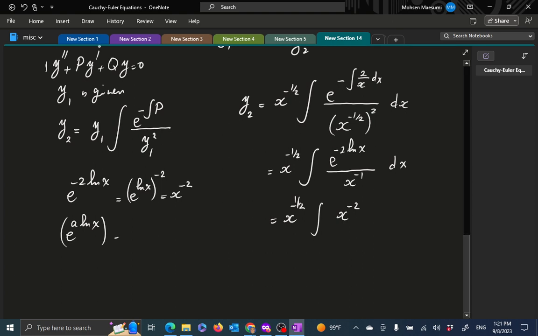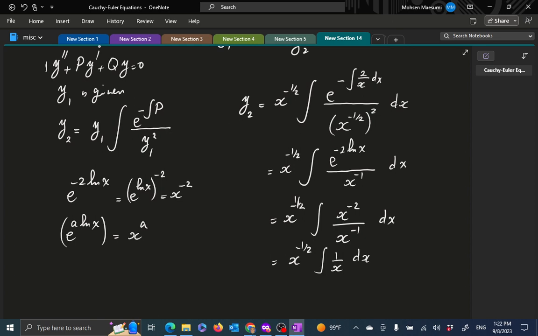That is x to power of a. Okay, so it's just x to that power. And I have x to power of minus 1 and then dx, and then x to power of minus 1/2 times, this is x to power of minus 1. When you simplify it, it's just 1 over x.